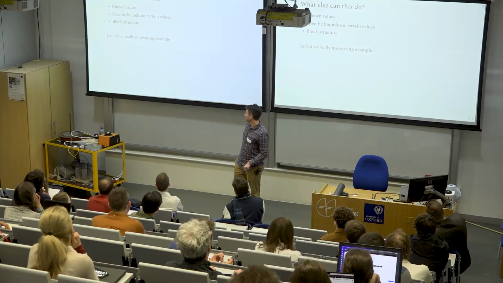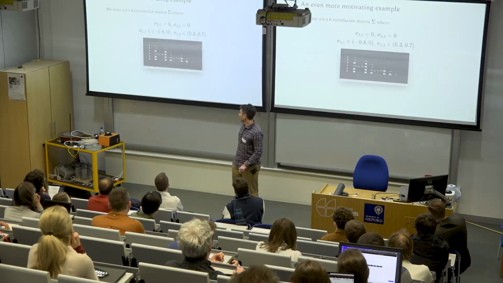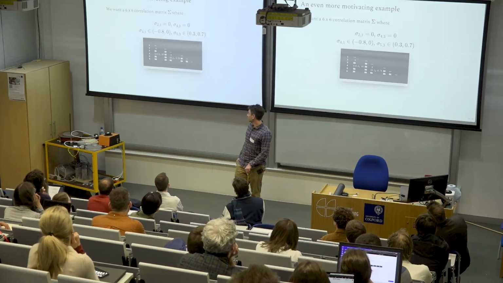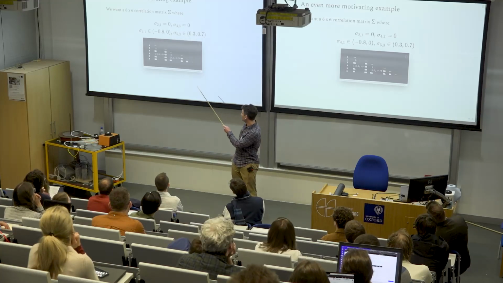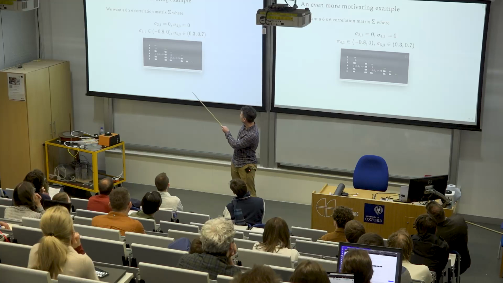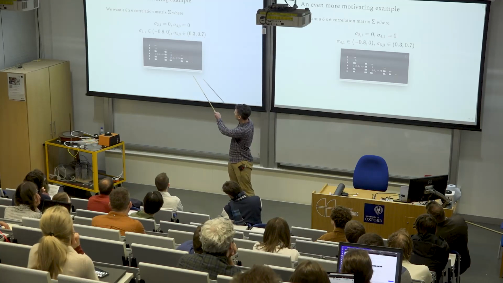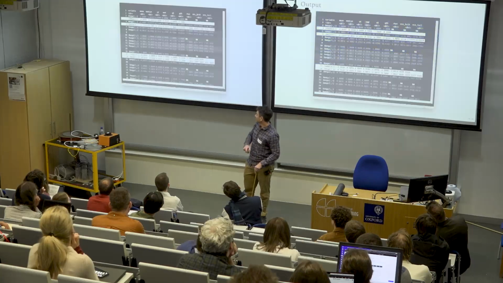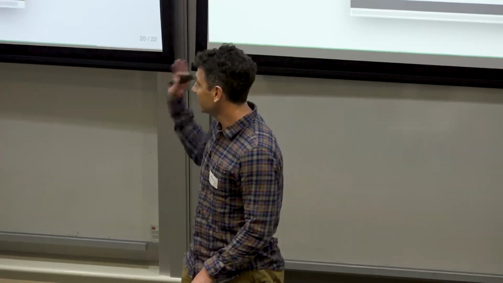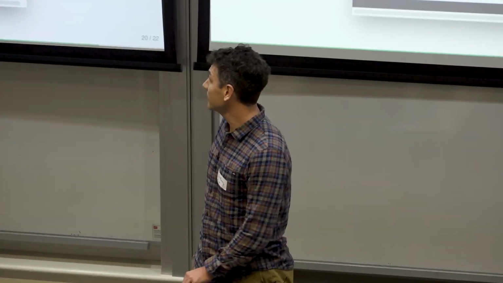I've got a few minutes, so let's do a very motivating example. In this case, I have zeros there that I want, and I want these other values to be between negative 0.8 and 0, and 0.3 and 0.7, and it works. So now my correlation matrix has everything else as whatever, and those values are estimated, and I ran this last night, and that's what it is.